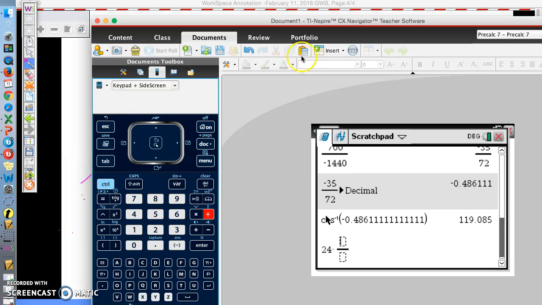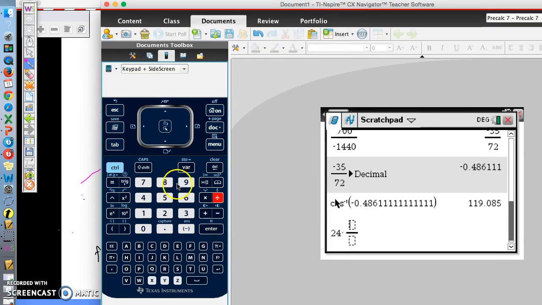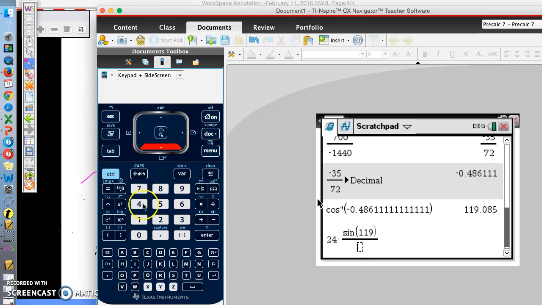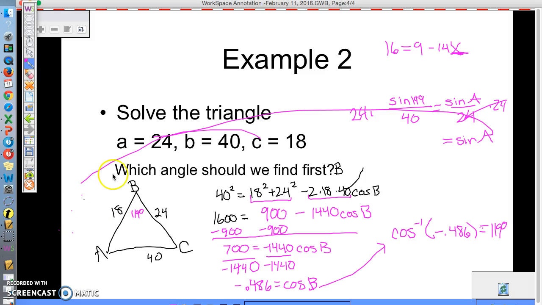Times, so let's see, we got the sine of 119 divided by, what do we have there, 40.525. And then we have to do that inverse.